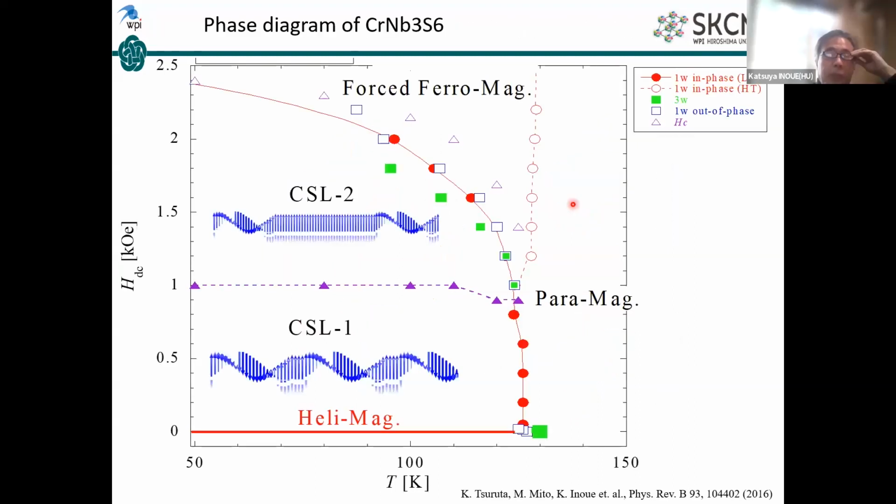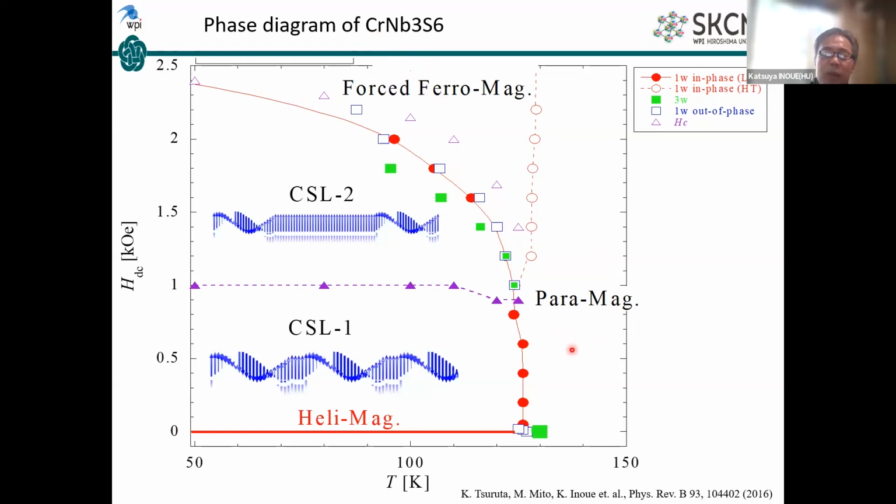But this is a phase diagram of our chiral magnet. I already said before, all chiral magnets have very similar properties and the phase diagram is almost the same. This is the phase diagram of the chromium niobium sulfur compound. At high temperature, they are paramagnetic.